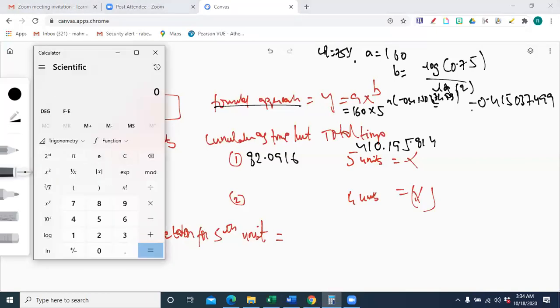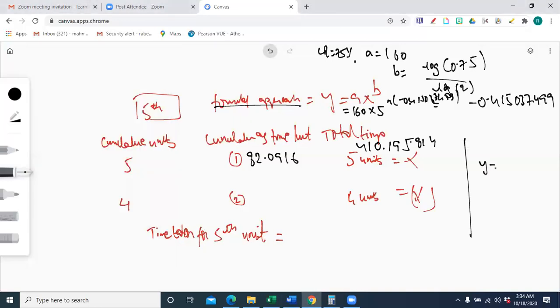Now I'm going to repeat the same process by using the same formula, Time taken 1, but for 4 batches now. I'm going to calculate the cumulative average time per unit for 4 batches, using the learning index of 0.415.